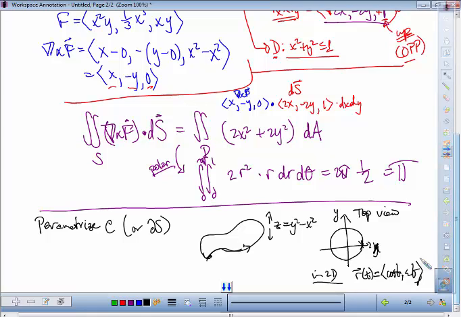All you're looking at on the map is your x and y. It's not until you actually go on a road and feel your altitude going up and down that you include your z. So your actual path on the road has the same x and y as on the flat map. So your r of t is going to be cosine t, sine t.